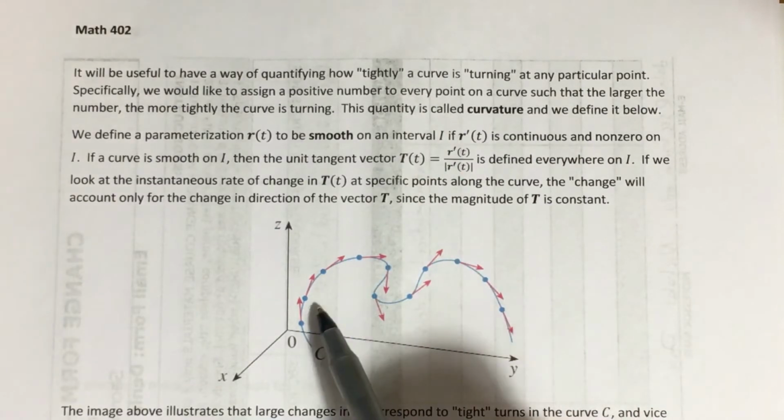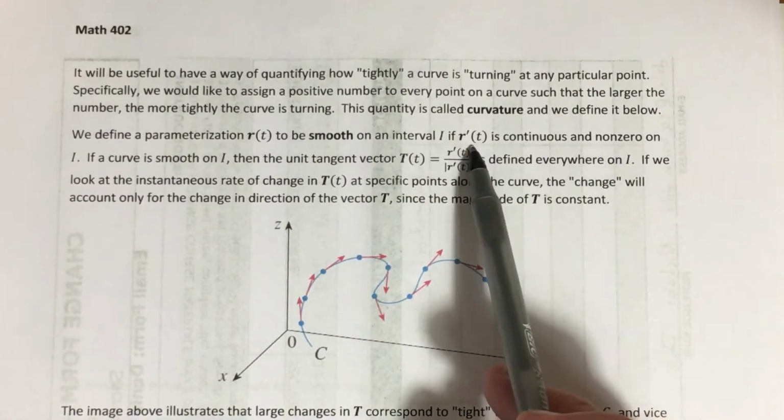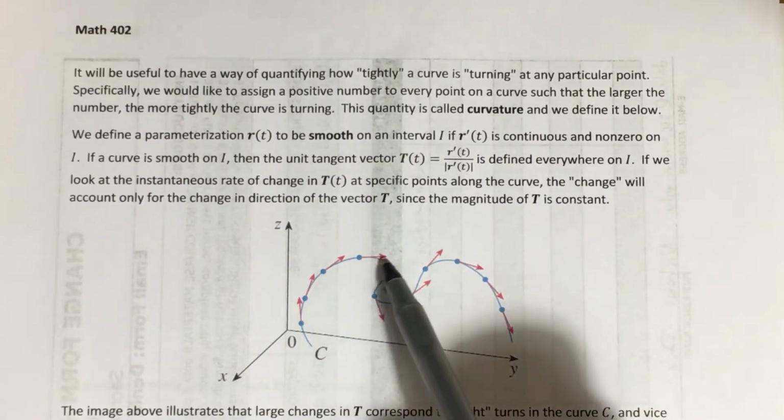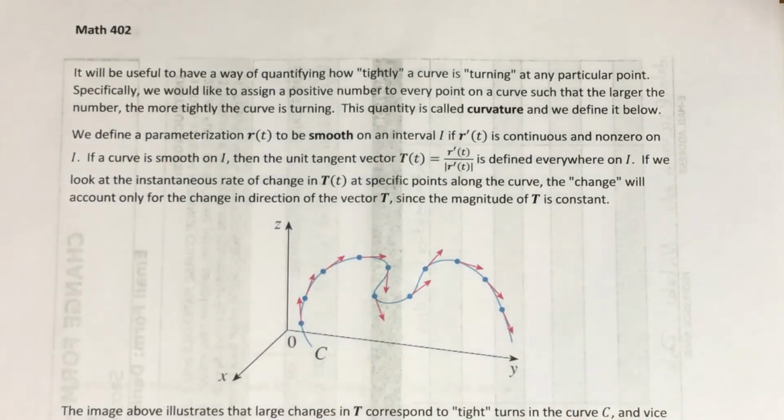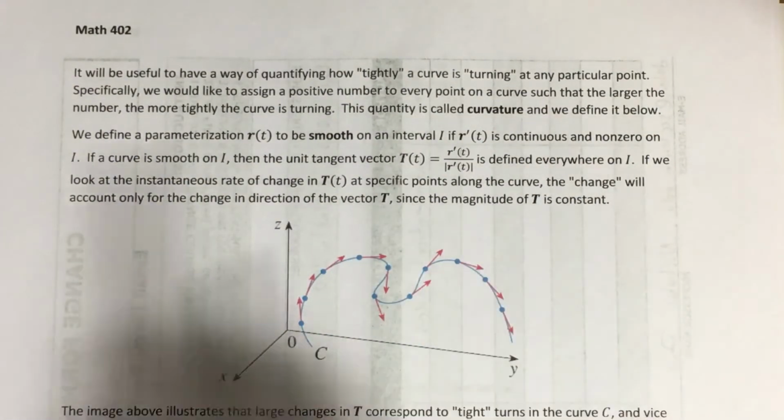And if that velocity function is ever equal to 0, that means that the point has stopped. There's no motion happening. But we want to imagine these as always having some kind of motion. Curvature has some close ties to velocity, as we're going to see in the next section. So that's why we want the non-zero part.